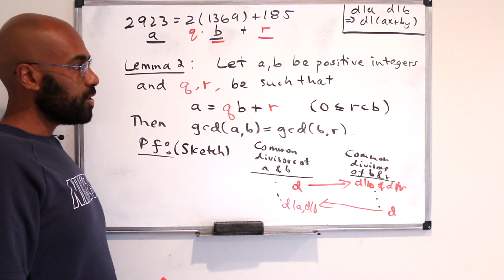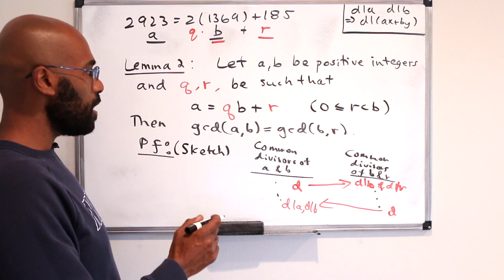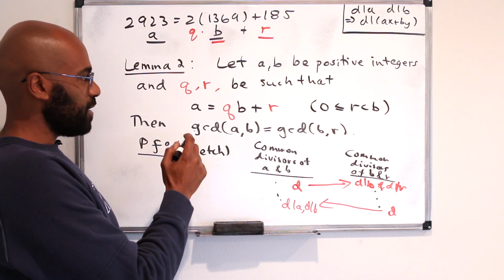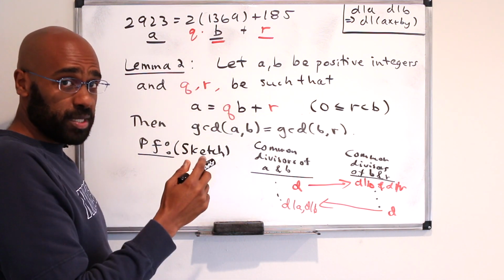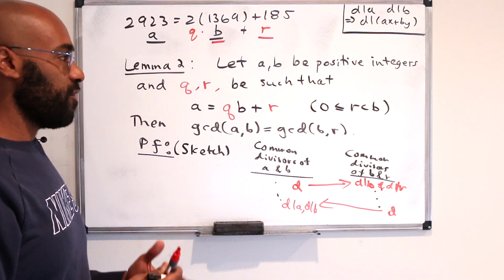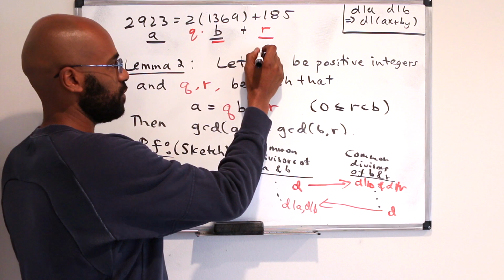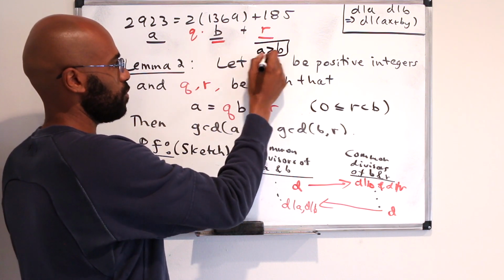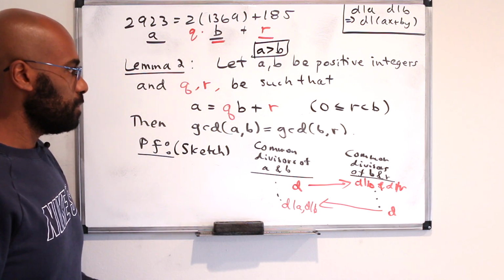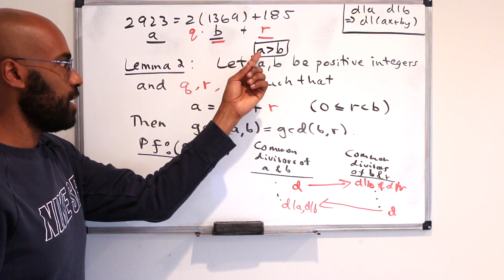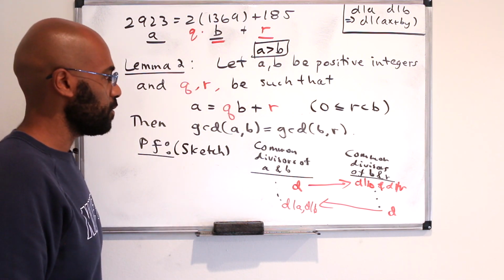Okay, cool. There is one point to be made here, though. We have to argue that you can even do this division process in the first place. This is something that we take for granted from our experiences, that if you take two whole numbers, oh, I should mention here that we should have assumed A is greater than B. That's an important point. You can't do this division if you had a number A that's smaller than B. You won't get the right thing.